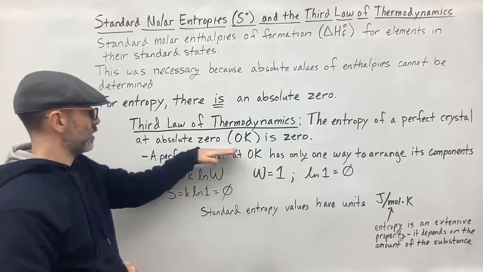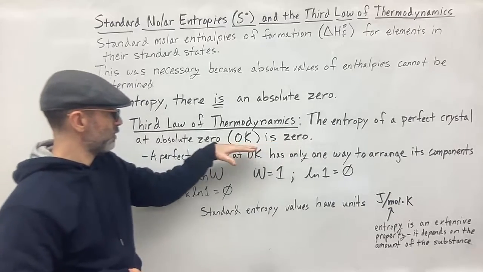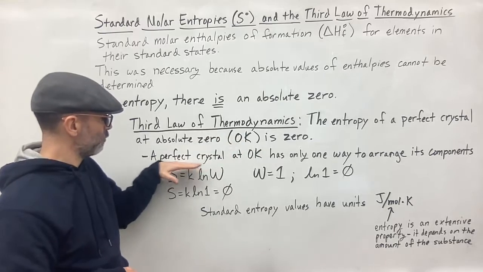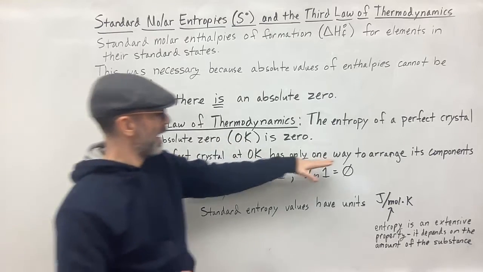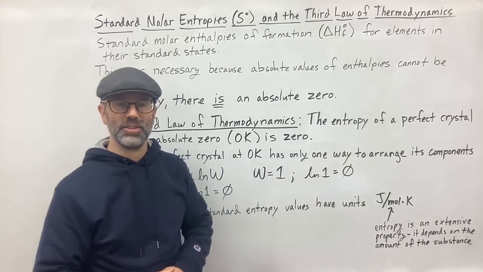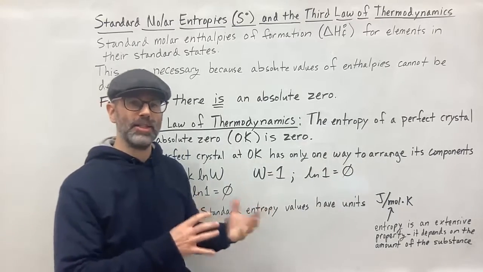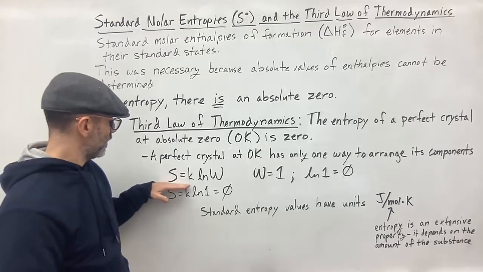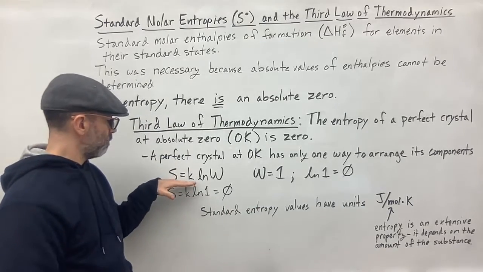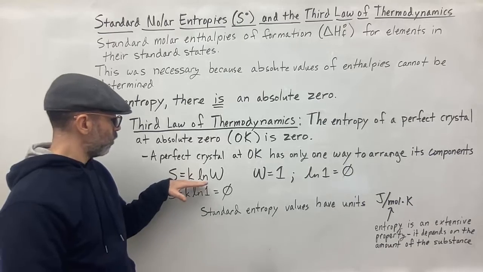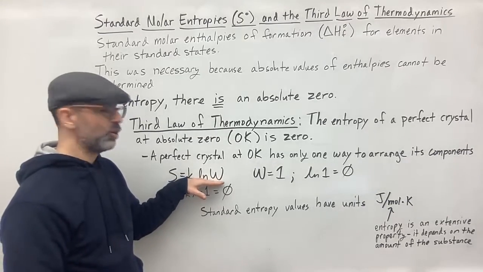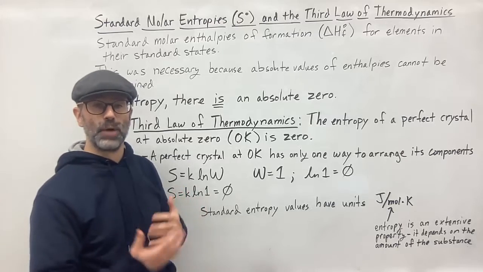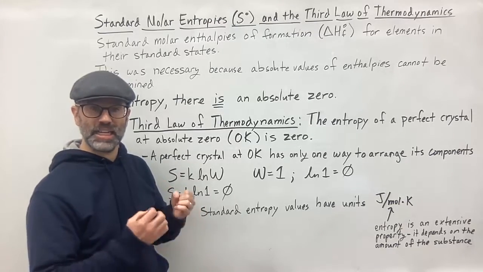And why is it zero entropy for a crystal at 0 Kelvin? Well, that's because a perfect crystal at 0 Kelvin has only one way to arrange its components. If you go back to our definition of entropy, we said that entropy is measured by the Boltzmann constant multiplied by the natural log of W, where W is the number of ways in which your components can be arranged in energetically equivalent ways.